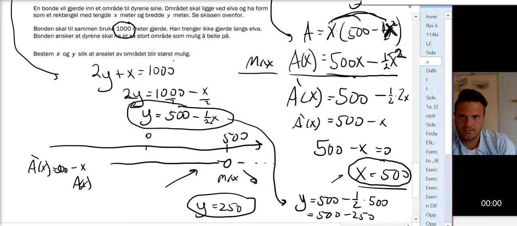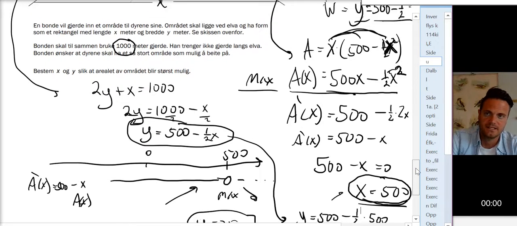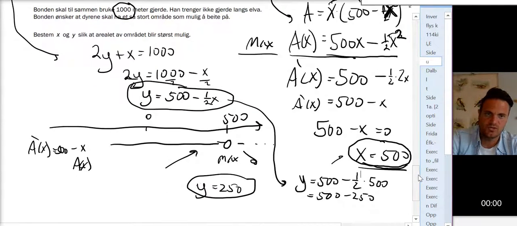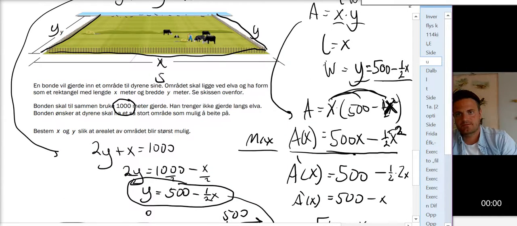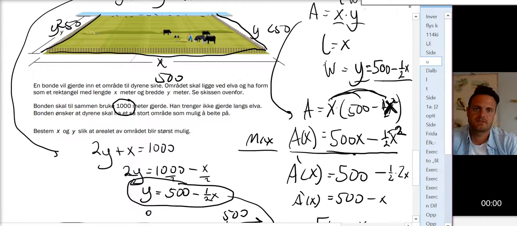So the answer here, if you want to maximize the area, then it has to have a length of 500 here, and the width should be 250, right? So x here should be 500, this should be 250, and then we see he uses 1,000 meters of fence.